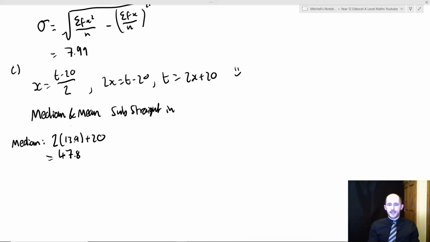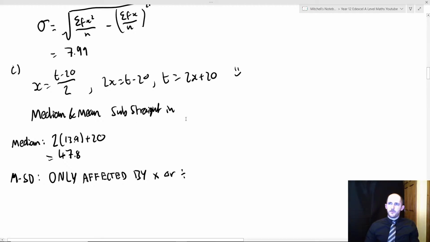Now, here's the key thing about the standard deviation. It's only affected by times or divide. Now, I'm going to try and give you an example.